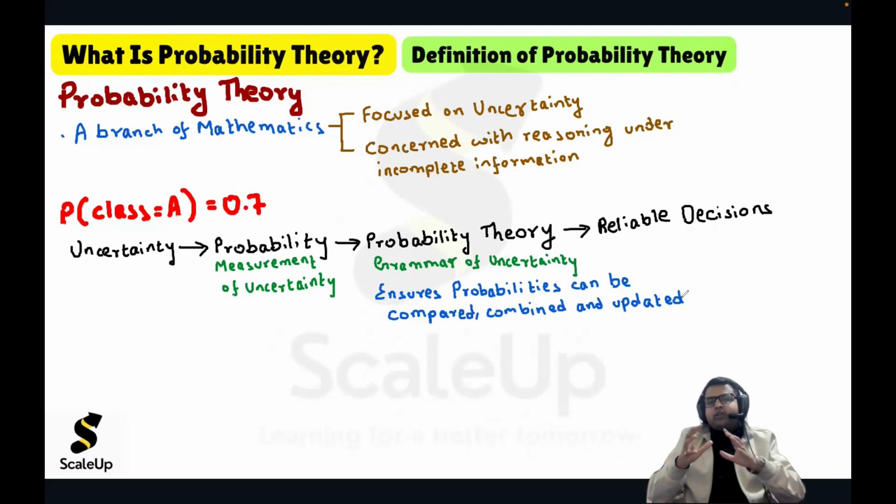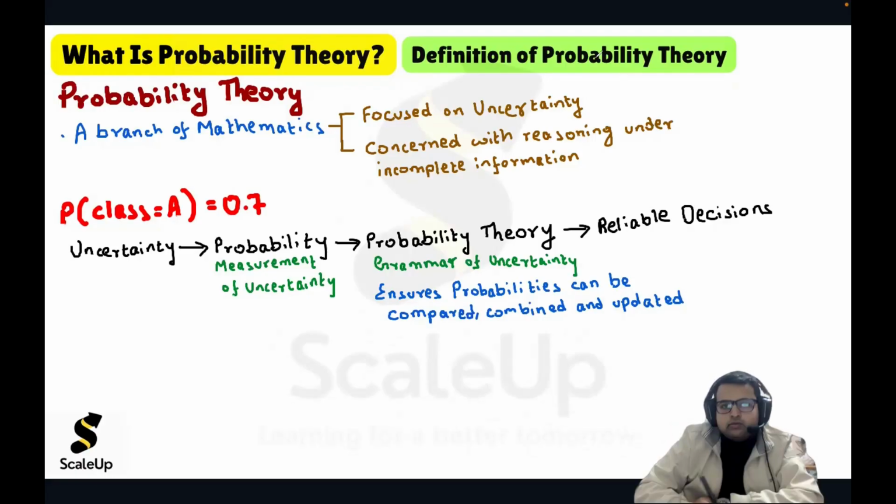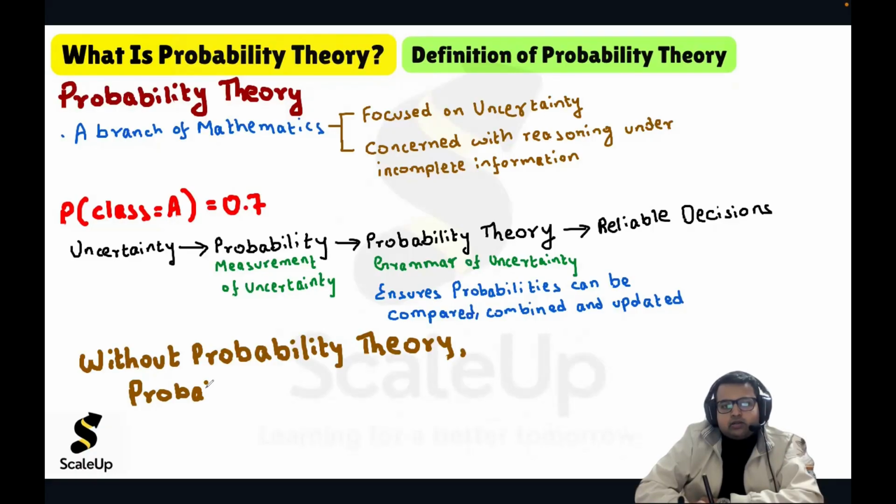So now it's very clear that probability is the measurement of uncertainty and probability theory is the grammar of uncertainty. It adds real value to probability. We can say that without probability theory, probabilities are just decorations.